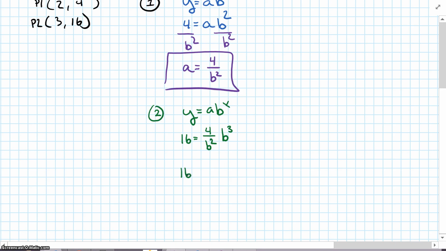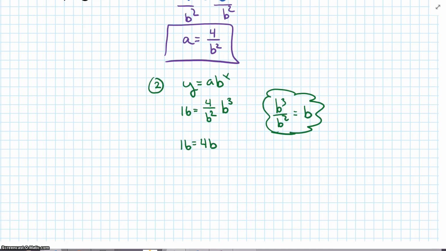Okay, so I got 16 equals, well, 4b cubed over b squared is going to simplify to 4b. Okay, you guys remember how that happens? b cubed over b squared is nothing more than b. Okay, don't forget that. Divide each side by 4. 4 equals b.